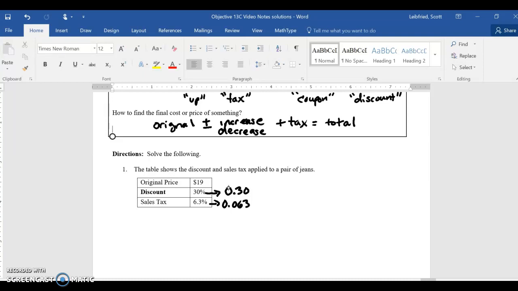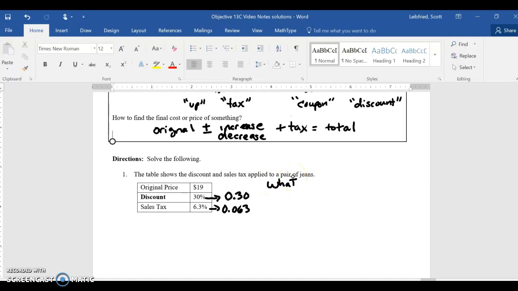But I wanted to show you in this first problem that if you were to set this up, the first thing you need to do is find what is 30% of 19. So that looks like a very similar problem that we've done before in our notes.